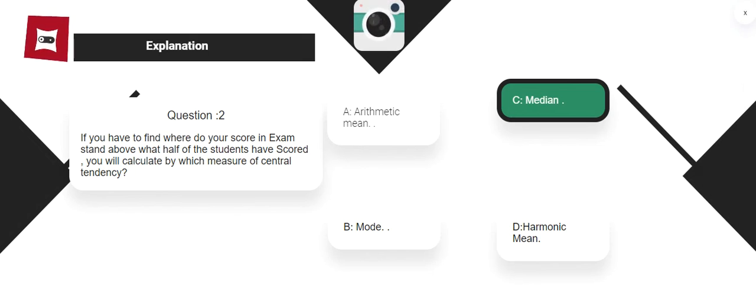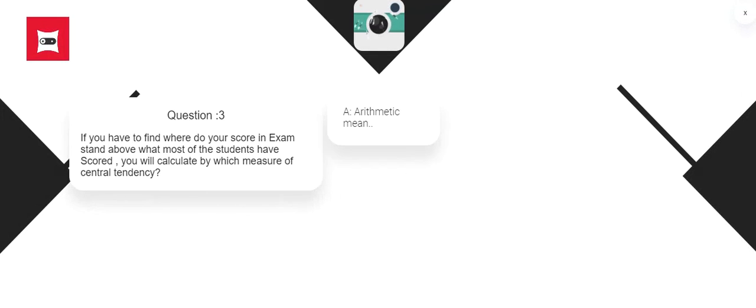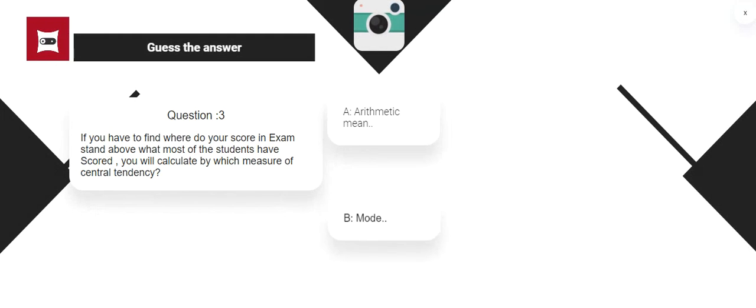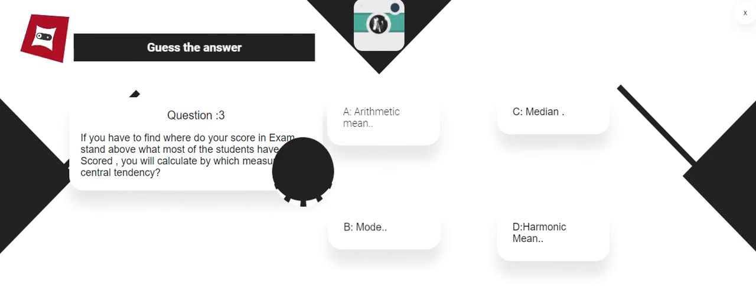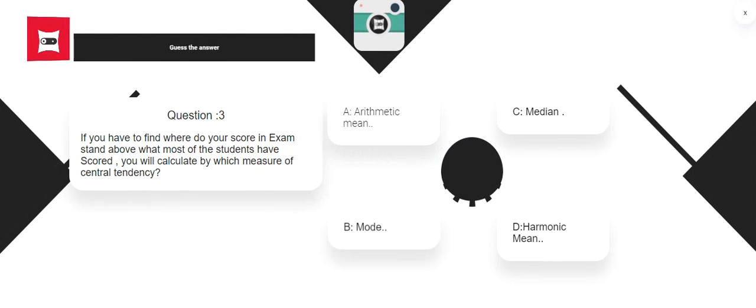Now let's move to the third question. If you have to find where your score in the exam stands compared to what most of the students have scored, you will calculate by which measure of central tendency: arithmetic mean, mode, median, or harmonic mean. Simple. Time out.